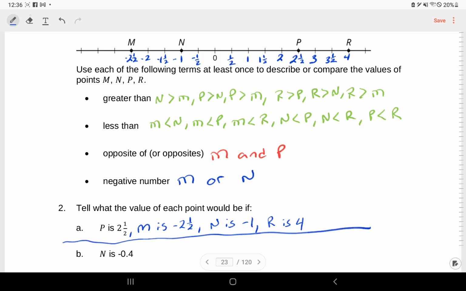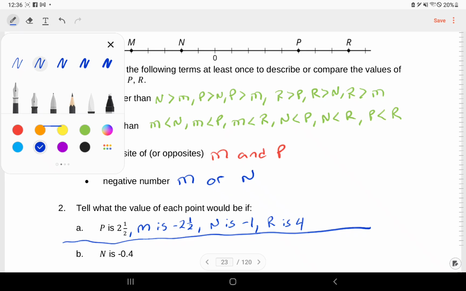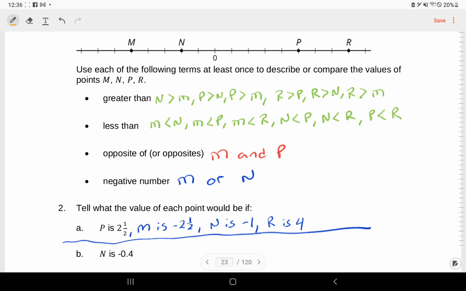And now we redo the numbering for the next question. If N is negative 0.4, so this is negative 0.4. Well, then this is negative 0.2, negative 0.6, negative 0.8, negative 1. Because if that's 0.4, then they have to be counting by 0.2s.